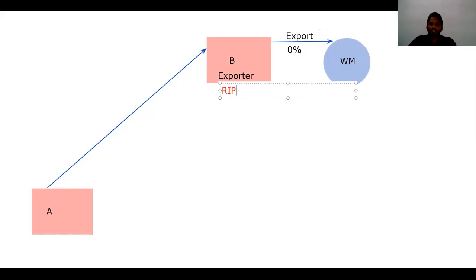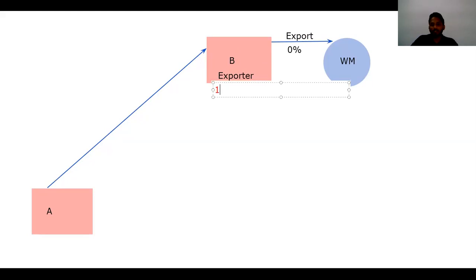Right? Then A is supplying to B. This is the first condition to become RIP, the first Roman one we discussed.